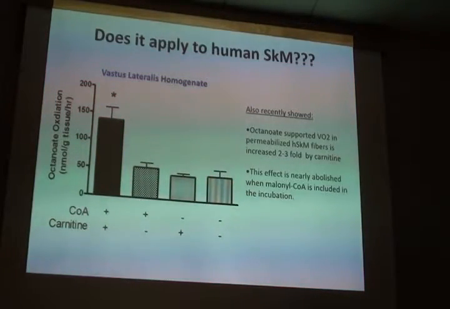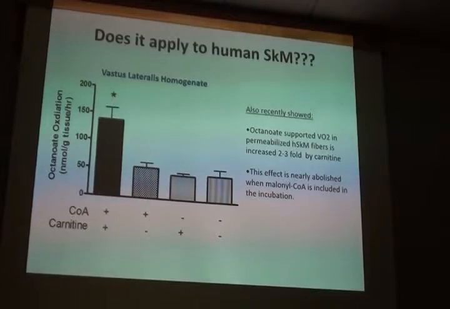Ron's group, my former mentor's group, did some work with the Oroboros oxygen consumption system, and showed that indeed when you add carnitine in that type of system in a permeabilized fiber, oxidation rates increase 2 to 3-fold, and that effect was negated when you inhibited CPT1 using malonyl-CoA.